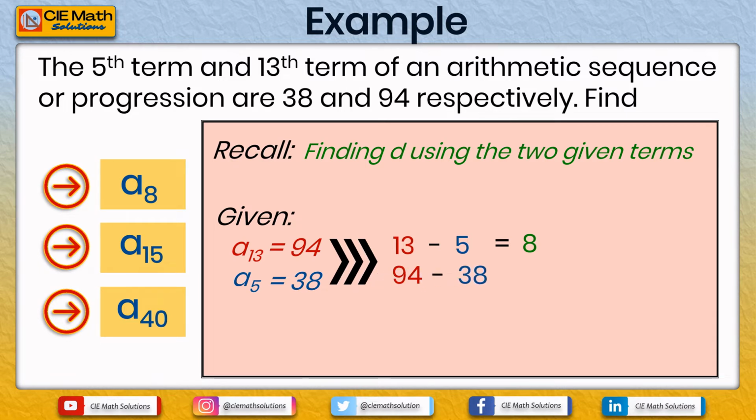The difference that we get is equal to 56. This means that 8d is equal to 56. Dividing both sides by 8, we will then have d is equal to 7. The common difference of this arithmetic sequence is equal to 7. We can now use this common difference to find the specific terms.